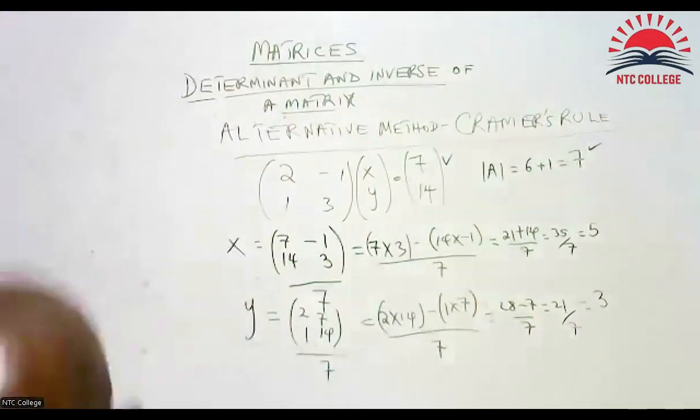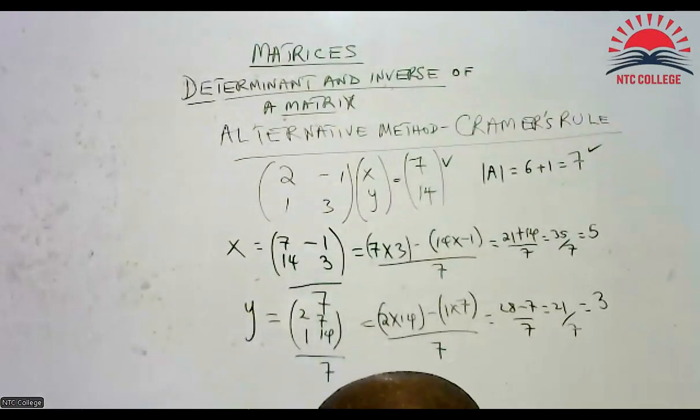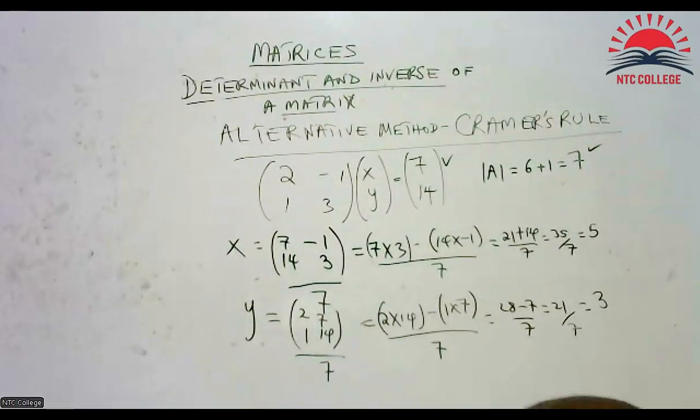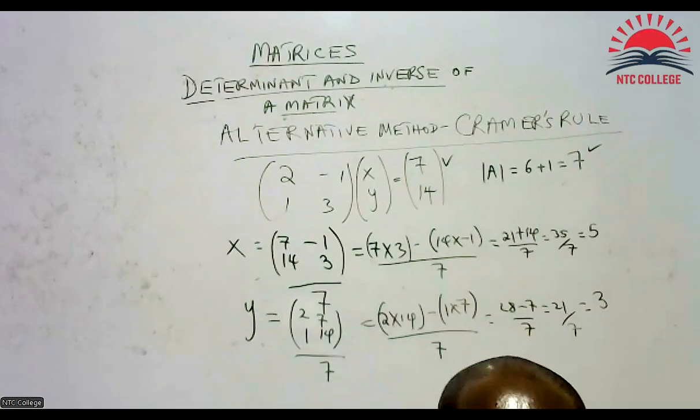Cramer's rule. Now, I'd like to ask you, which one would you prefer? Assuming you are not restricted, which method will you prefer? Faith? The second one, the Cramer's rule. You find the Cramer's rule easier? Yes. Okay.